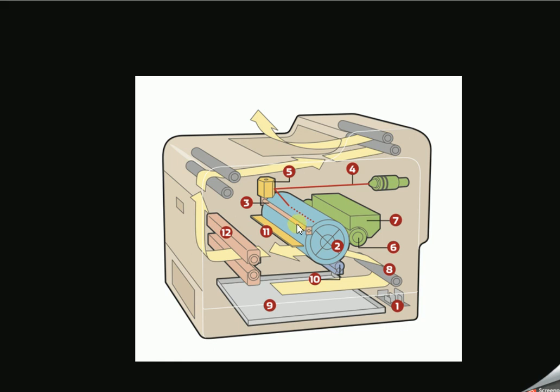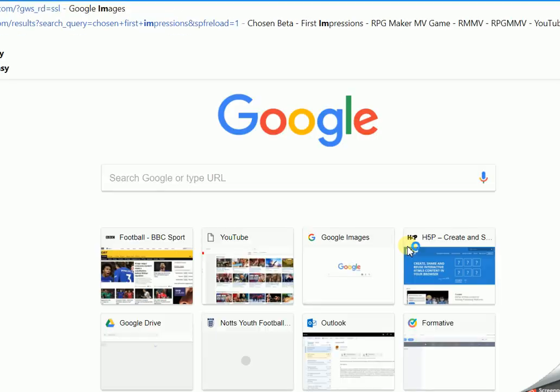Now, what happens next is that the drum encounters something called the developer roller, which is number 6. Can you see it here? Number 6 will be coated in toner particles. Toner particles look like this.